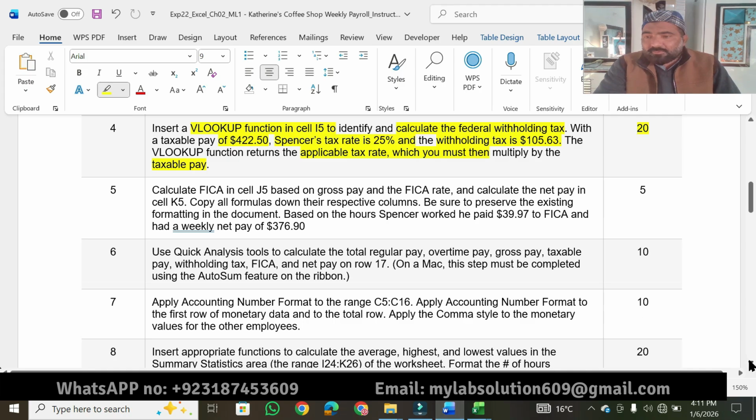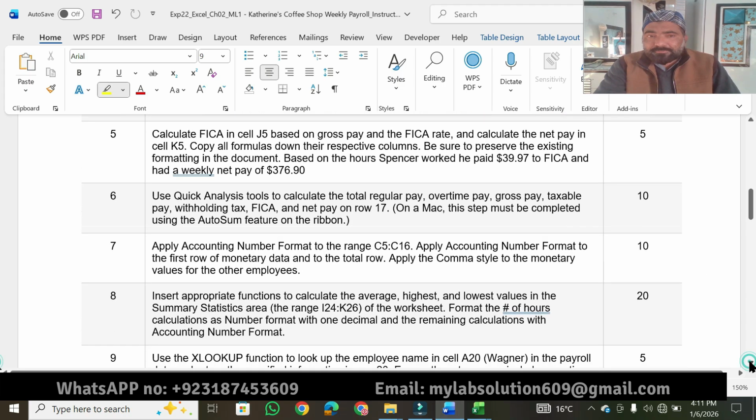Now we are moving toward question number 5. Calculate FICA in cell J5 based on gross pay and FICA rate, and calculate net pay in K5. Then copy all formulas down to their respective columns. Be sure to preserve existing formatting in the document.